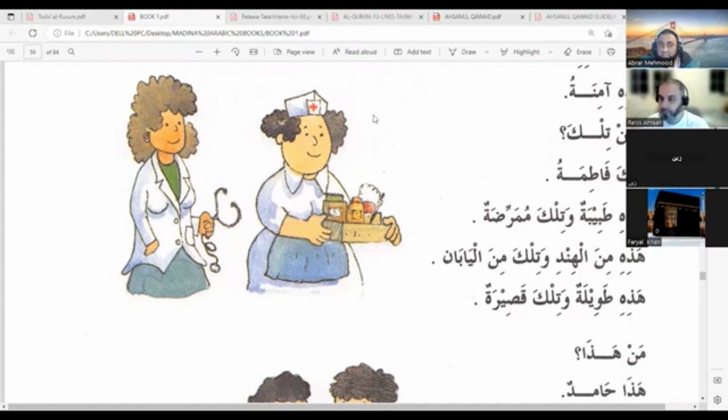Feminine nouns generally end in a small ta, and the default position is a single rafa. Fatimatu, Khadijatu, Aishatu, Ruqayyatu, so on and so forth. So feminine names with a small ta generally have a single rafa by default. Okay, over to you, brothers.